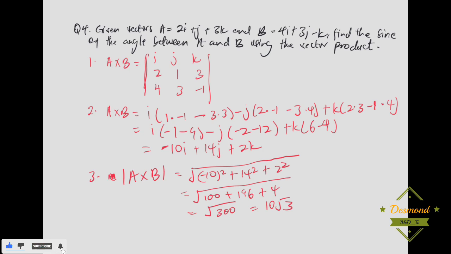Now we move ahead to calculate the magnitude of A and B separately. So the magnitude of A is the root of 2 squared plus 1 squared plus 3 squared, and we should get the root of 4 plus 1 plus 9, and finally we should get root 14.